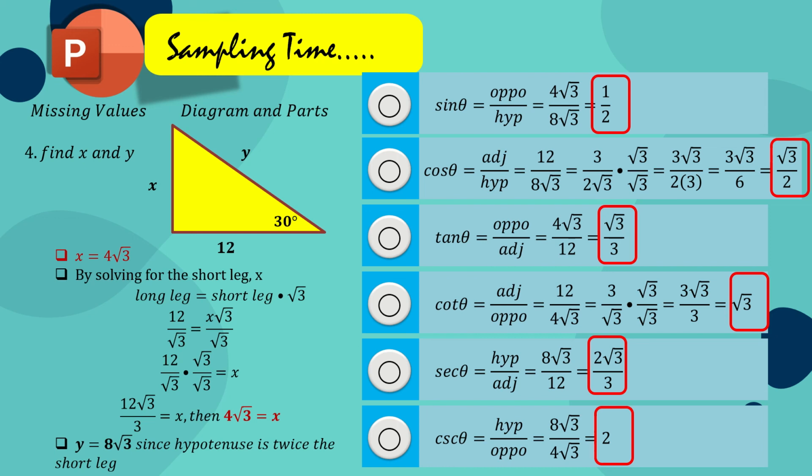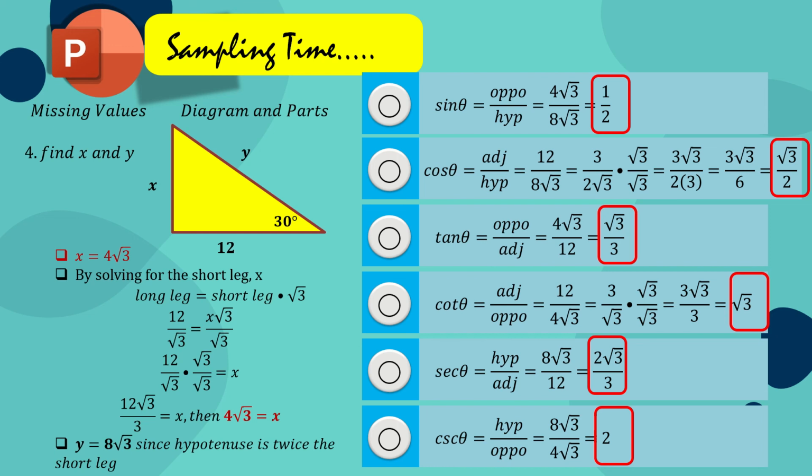You see? Okay. So, are the examples clear enough to illustrate the 6 trigonometric ratios of the special right triangles 30, 60, 90 or 45, 45, 90 degree?